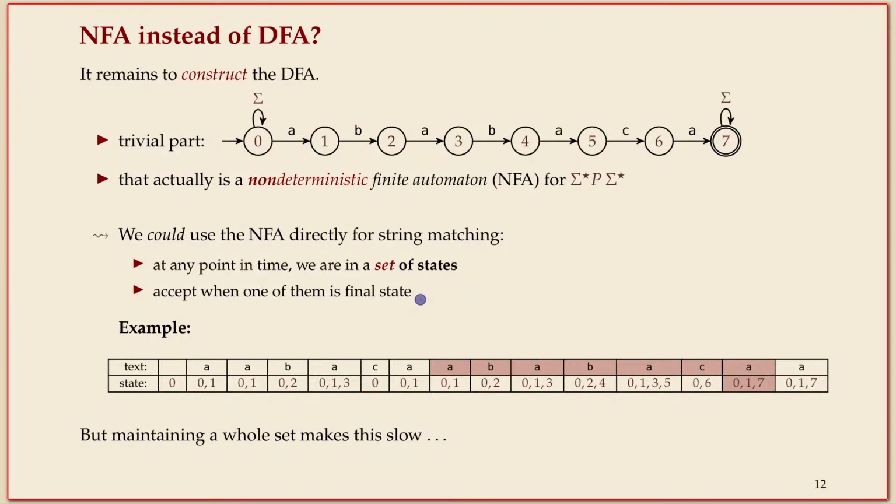We always start in state 0, so initially there's no ambiguity. If you read an A, well, let's look at what the automaton says. I could stay here because A is part of the alphabet, or I could move to 1. So after reading the A, I'm simultaneously in 0 and 1. Pick what you want, I'm not sure yet. Okay?